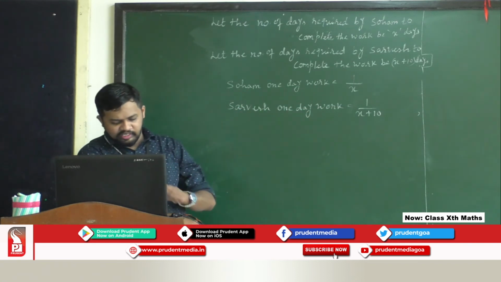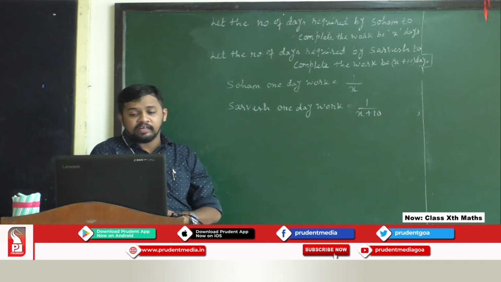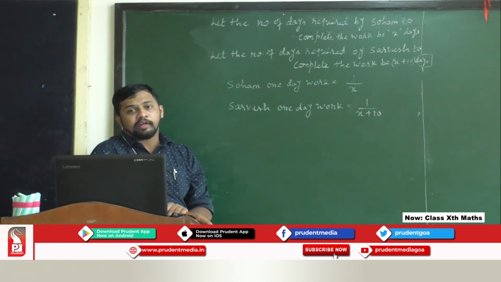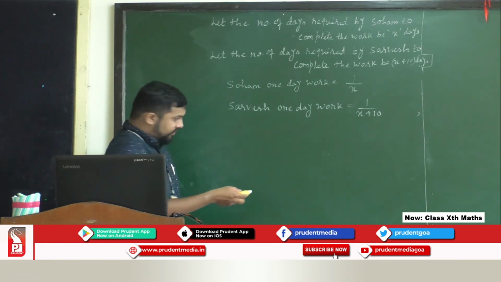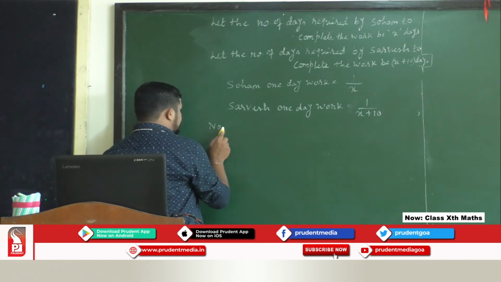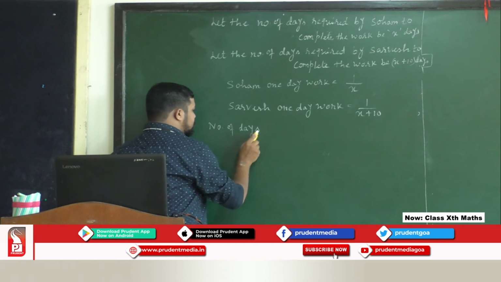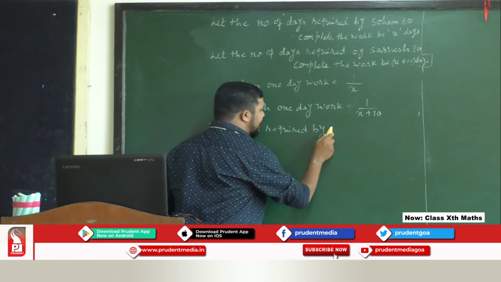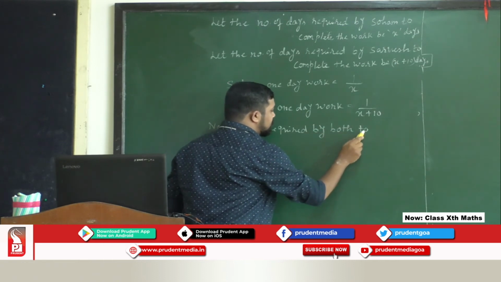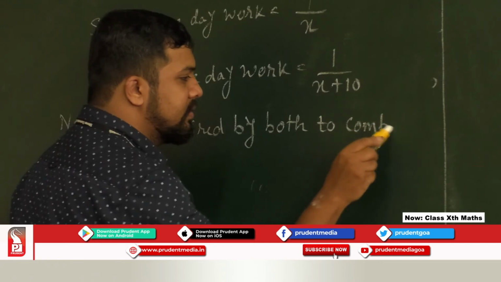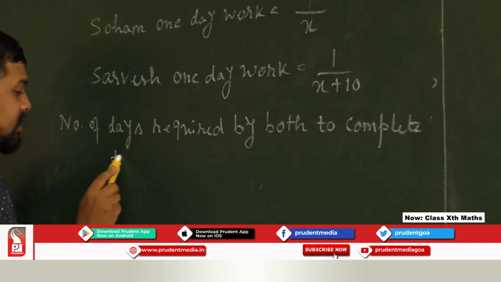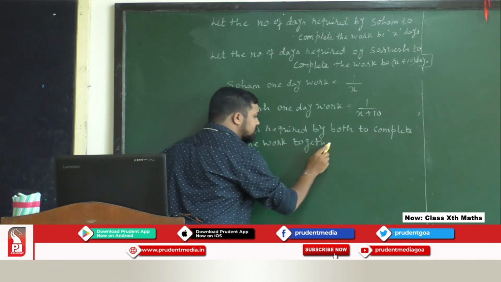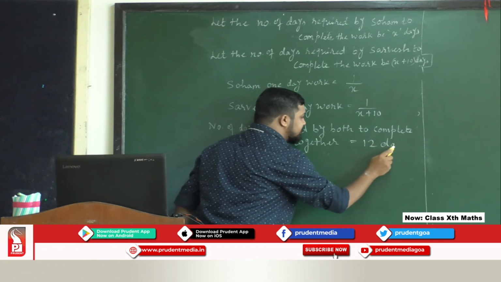Further the question is saying, if both work together they complete the work in 12 days. Now if they are working together, they will complete it in 12 days. So number of days required by both to complete the work together is 12 days.